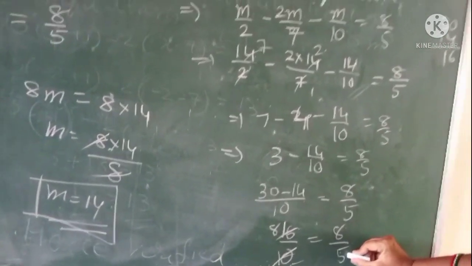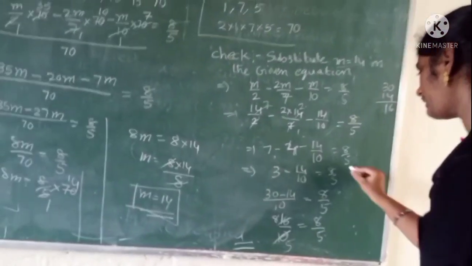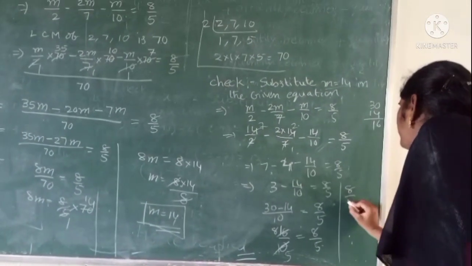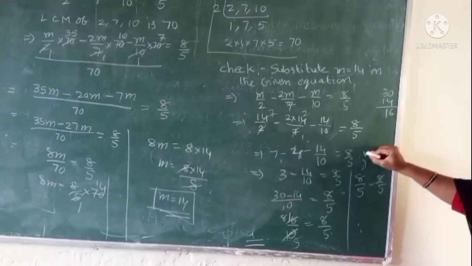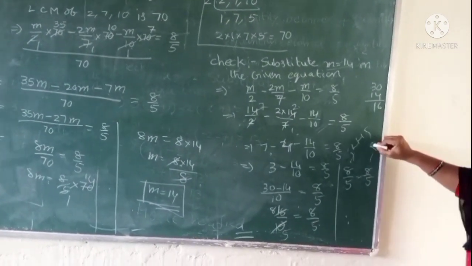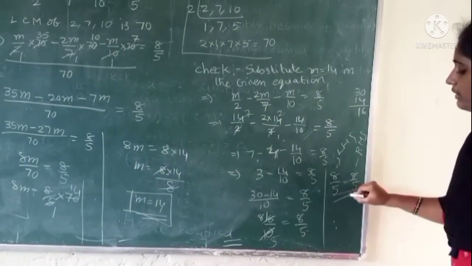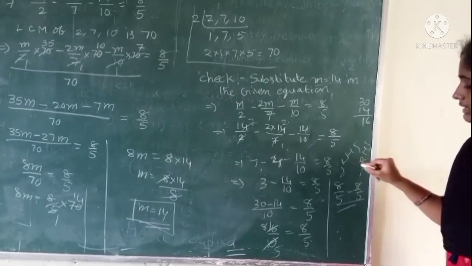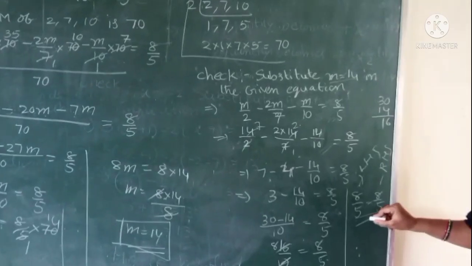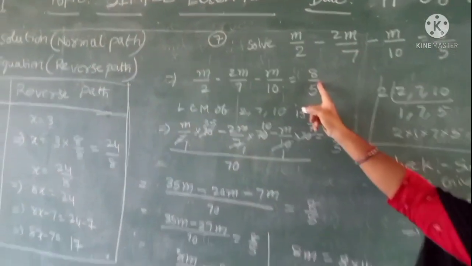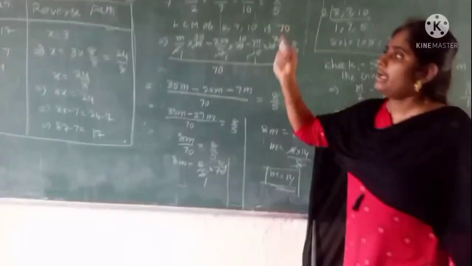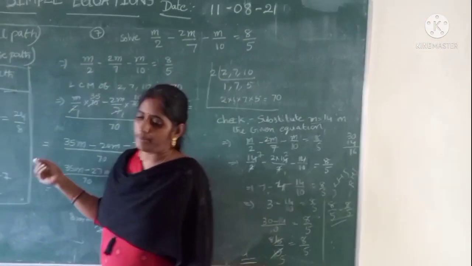LHS is equal to RHS. 8 by 5 is equal to 8 by 5. This is the LHS part and this is the RHS part. Both are equal. So this m is equal to 14 is the solution of the given simple equation. Next, another topic.